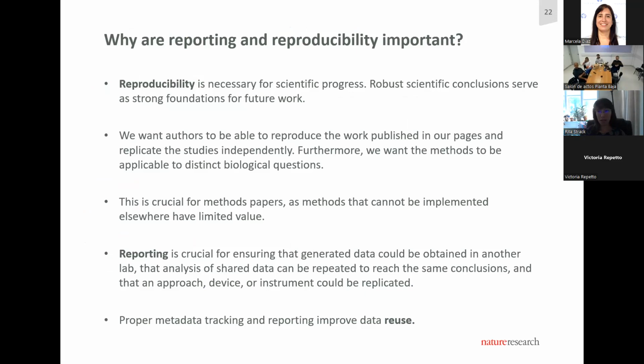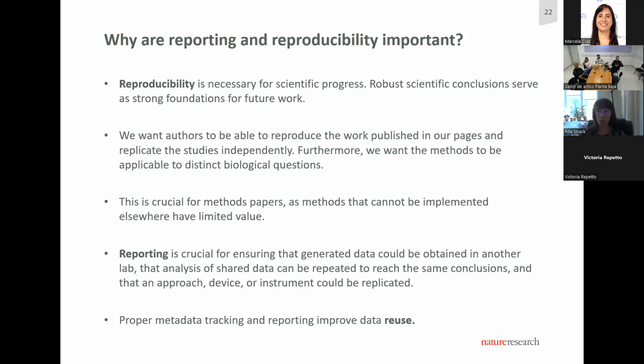So I don't need to convince this crowd probably, but why are reporting and reproducibility important, just in the world and also to us as editors? So this goes without saying, but reproducibility is necessary for scientific progress. Robust and repeatable scientific conclusions serve as the strongest foundations for future work. So clearly you want to build your work off of something that is reproducible, right?